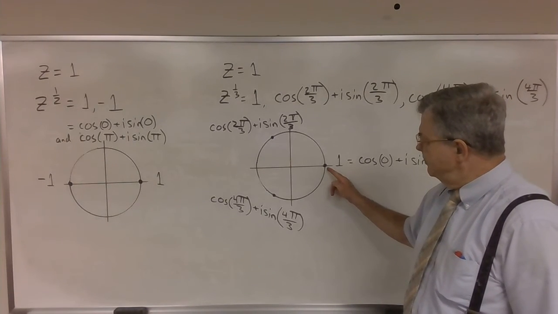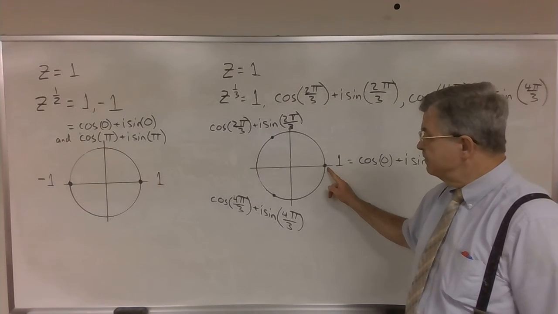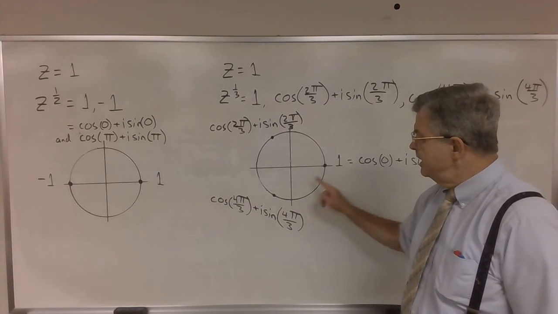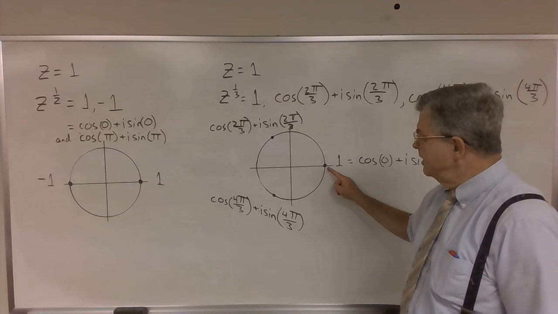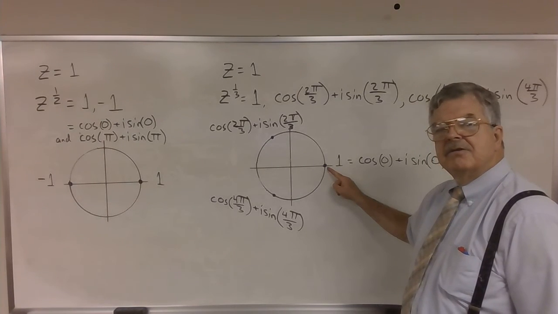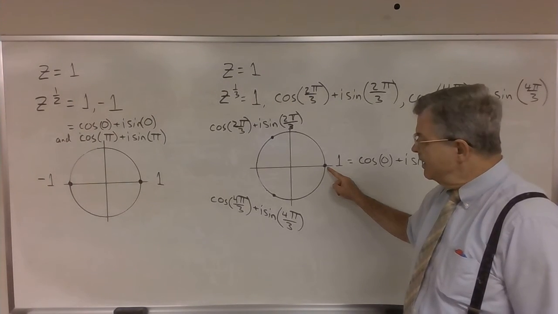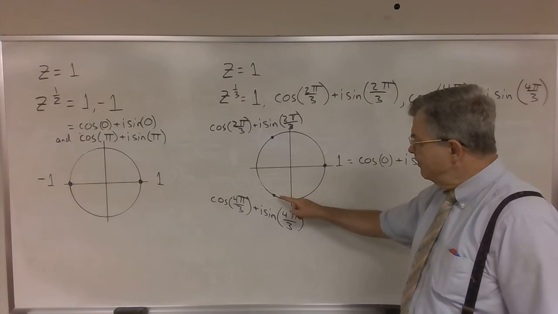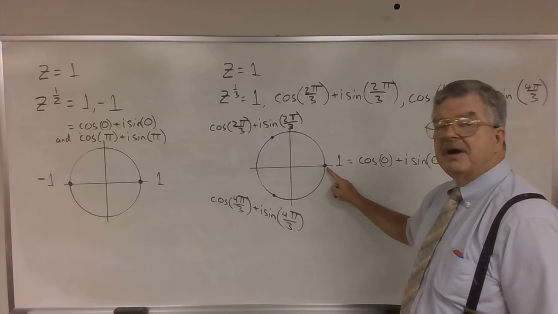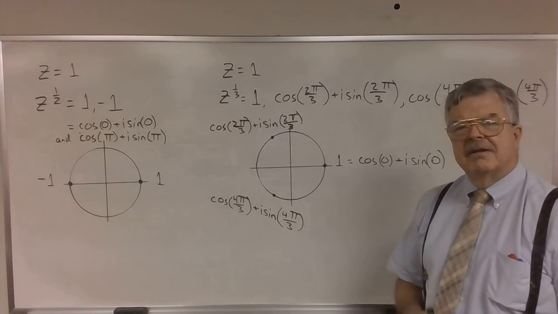And this is the angle 0, but it's also the angle 2 pi. So if we go from 4 pi over 3 to 2 pi, but 2 pi is also 6 pi over 3, isn't it? So we're going 2 pi over 3 from here to here, 4 pi over 3 to 6 pi over 3, or 2 pi. Do you see it yet?